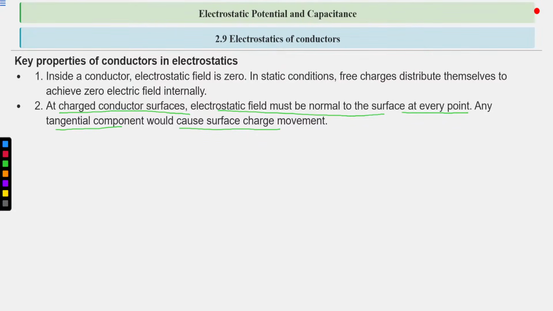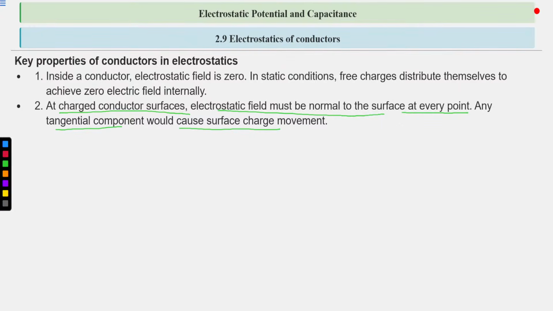If it is at some angle other than 90°, less than or greater than, it will result in two components. One component is perpendicular to the surface, one component is tangential to the surface. The tangential component will result in the movement of charges on the surface, which is not required because we are dealing with static conditions, static charges, electrostatics.